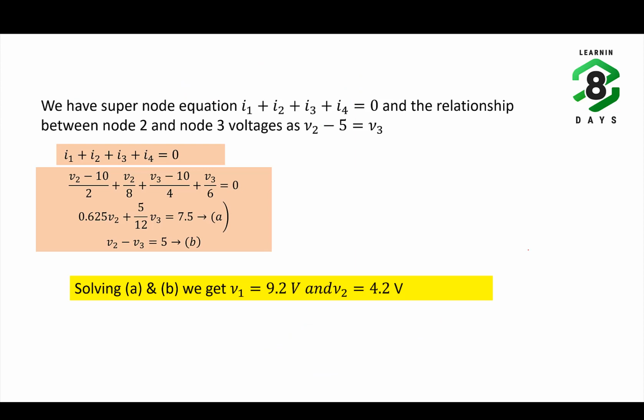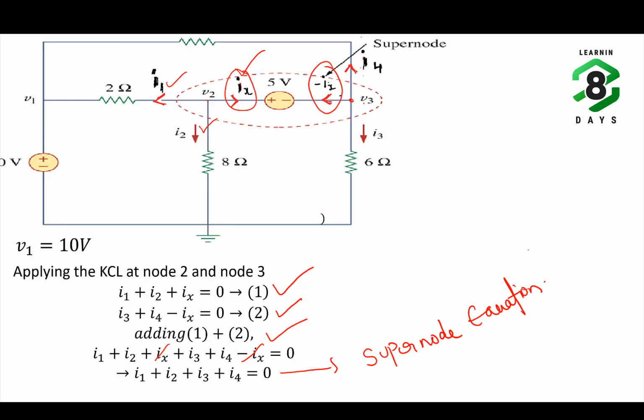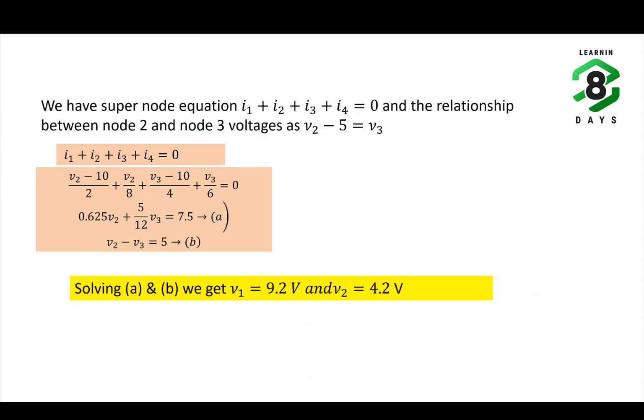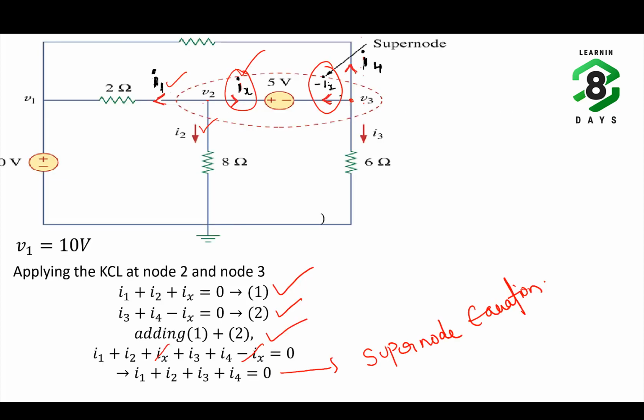It's very simple. You just have to neglect the branch current through that ideal voltage source that is connected between the two unknown principal node voltages. Next, we have the super node equation, and one more thing you have to remember: what is the voltage relationship between V2 and V3?